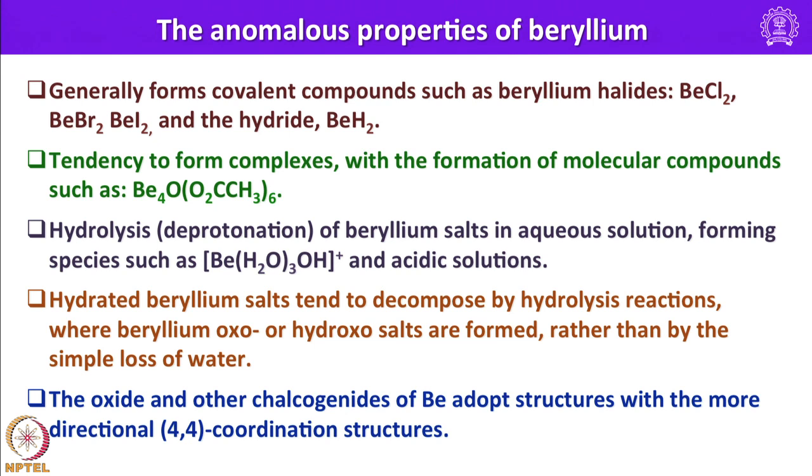So, that is the speciality of beryllium, and the oxide and other chalcogenides of beryllium adopt structures with more directional coordination structures. That means, essentially they form coordination compounds very similar to transition metal coordination compounds, having preferably 4 coordination. Okay.